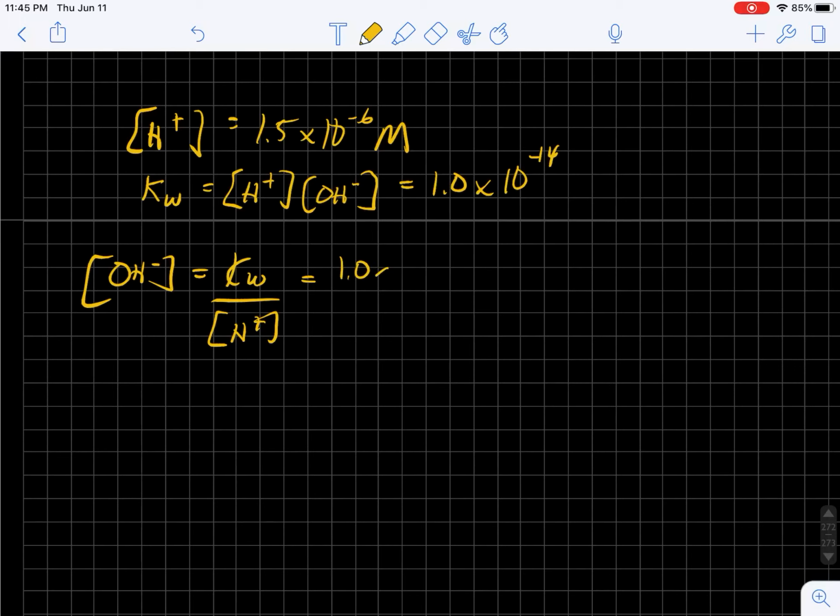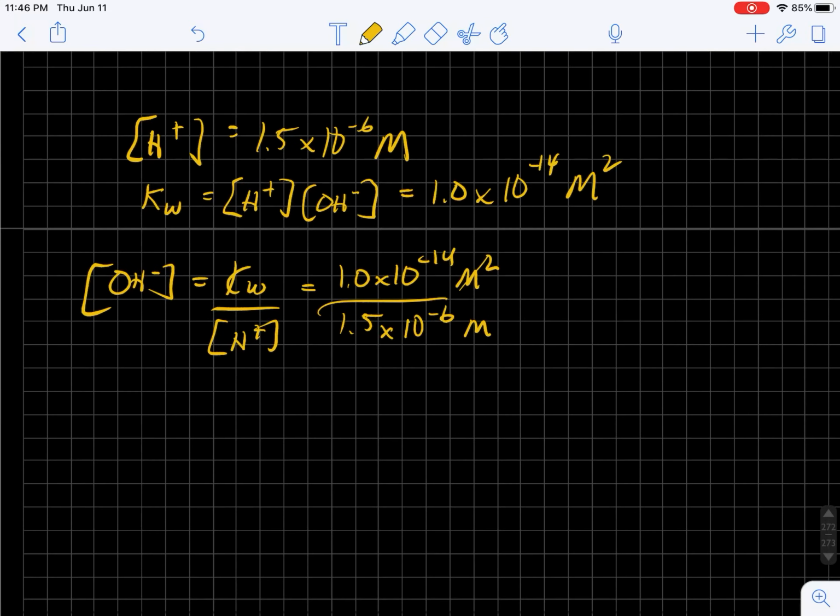OH minus equals Kw over H plus. Again, in equilibrium expressions, we don't worry about the molarity unit, because technically the molarity unit for Kw would be molarity squared. I've seen it in some textbooks.